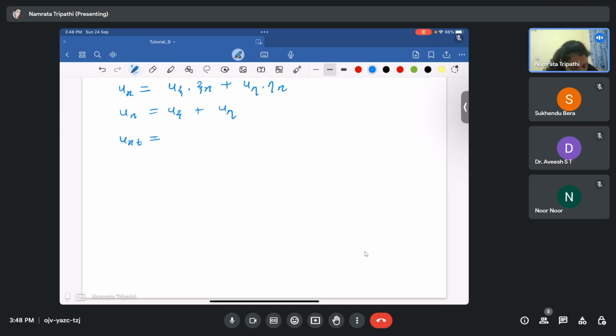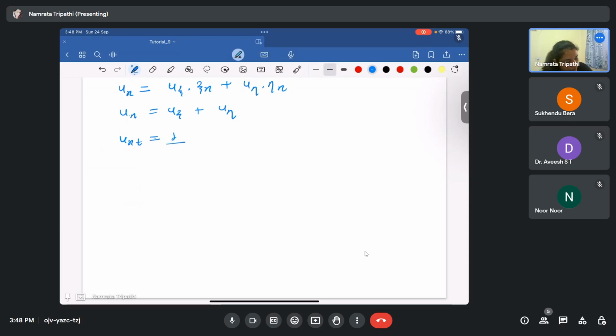Okay, are you telling the formula? Yes, ma'am. Okay. You can go through the formula, or if you don't remember the formula, then you can use the chain rule.